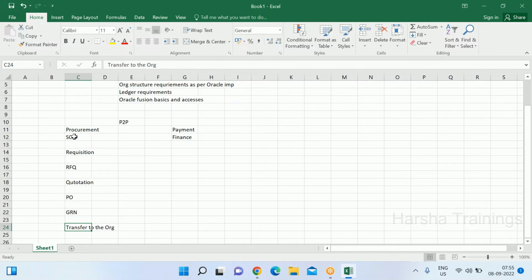Quickly I'll discuss again. As a part of supply chain management, when the business requires any item, a requisition will be created, and based on that requisition, a request for quotation is required when we are buying for the first time, or we are finding a supplier in the market.